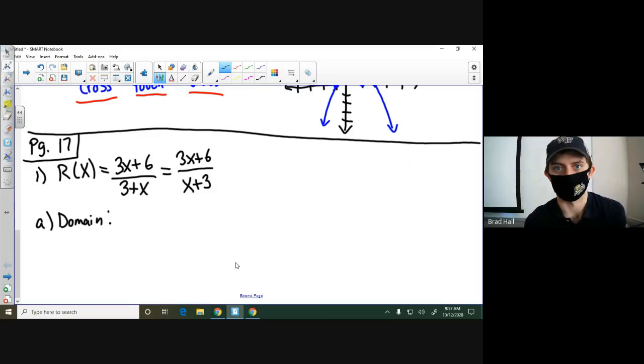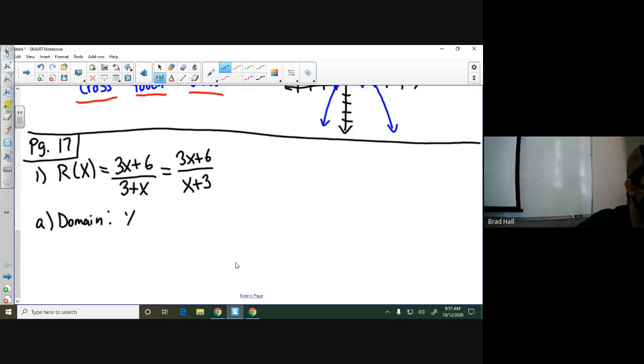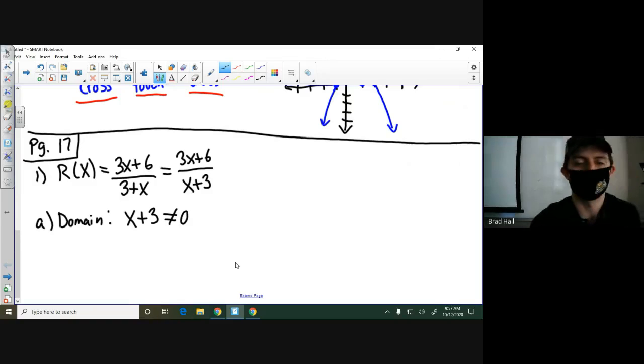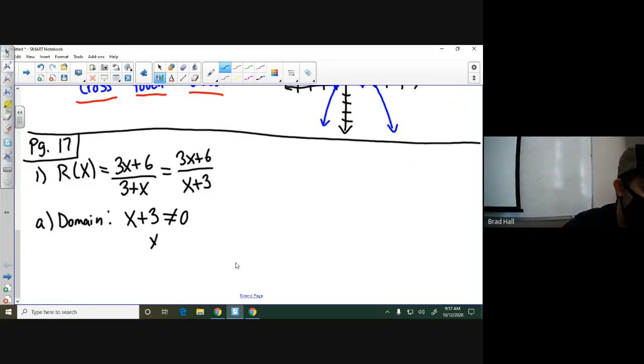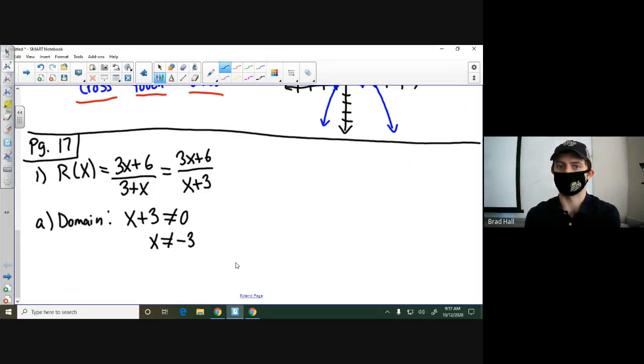They could equal 0, and we cannot divide by 0. So naturally, it makes sense to set the denominator not equal to 0 and solve for x, because we don't want to divide by 0. So if you remember that, then you simply get that the domain is x cannot equal -3. And that's it. You can leave it in this form. That's fine. This is an inequality form.